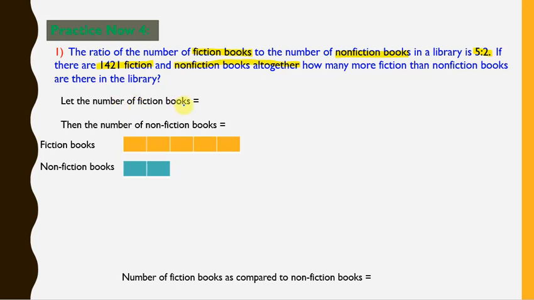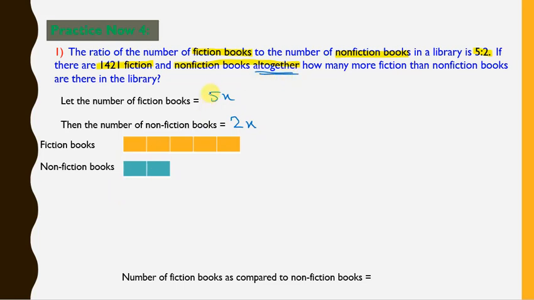Let the number of fiction books be 5x. 1, 2, 3, 4, 5. We also represented it diagrammatically so that you can understand it easily. And the number of non-fiction books is 2, so we suppose it as 2x. Now look at this word, all together.